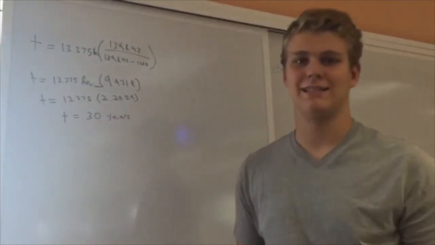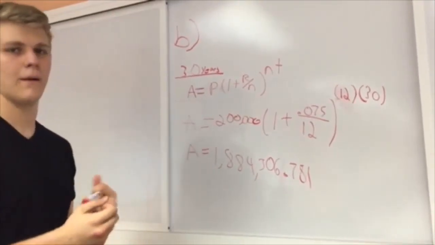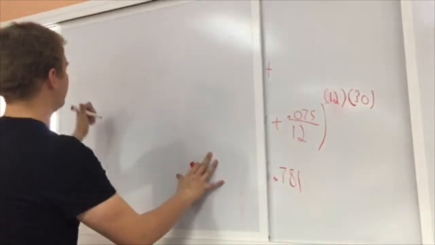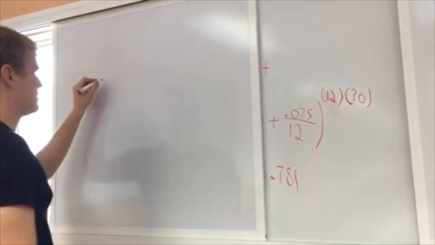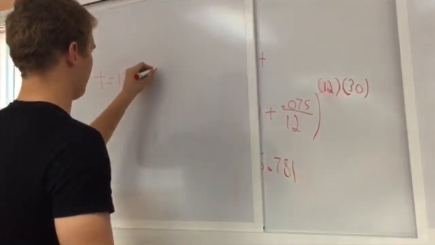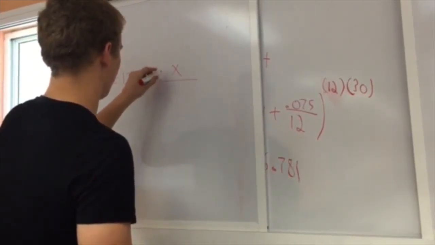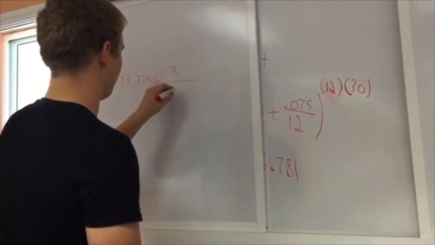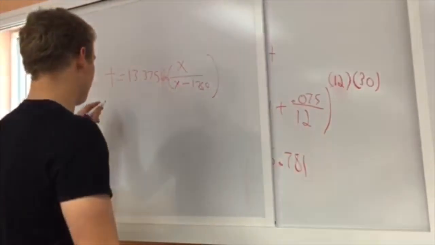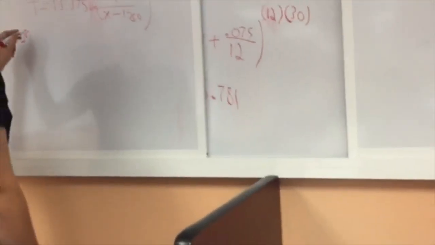What we want to find out is how much you're going to pay in 30 years. That is what you get when you replace in the formula T is equal to 13.375 natural logarithm of x over x minus 1250, with the number 1398.43.